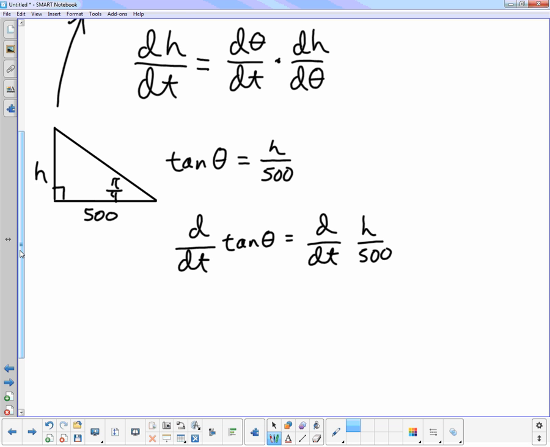And we wind up getting, what's the derivative of tangent? Secant squared. And if I take the derivative of this guy, I wind up getting dHdt, right?